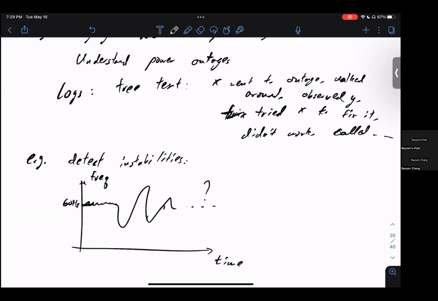Nowadays, the way we do this is manual detection. If your oscillation is large enough, a real alarm sounds, and the operator looks at it and makes a decision, whether it's stable or not. If it's not stable, you press this button and it shuts down some load. That's basically what you do.